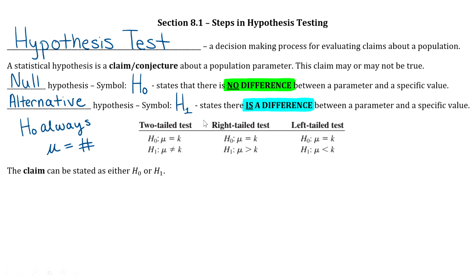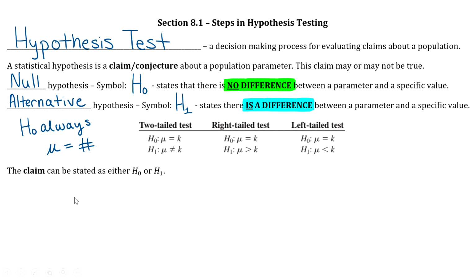Now the type of test it is depends on what sign is in the alternative hypothesis. So for a two-tailed test, you're going to see a not equal to sign in the alternative. For a right-tailed test, you're going to see a greater than sign in the alternative. And then for a left-tailed test, you're going to see a less than sign in the alternative.